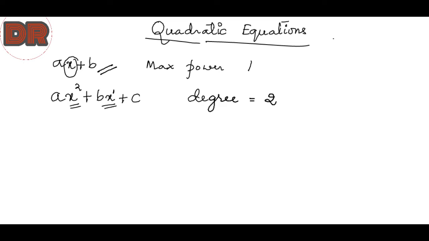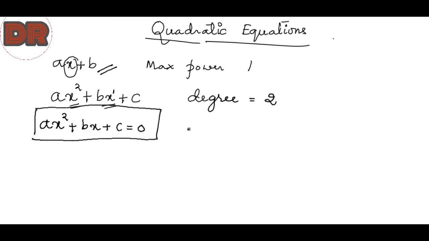Now if I write ax square plus bx plus c is equal to 0, this becomes an equation, known as a quadratic equation. This is the standard form of the quadratic equation where a, b, c are constants.